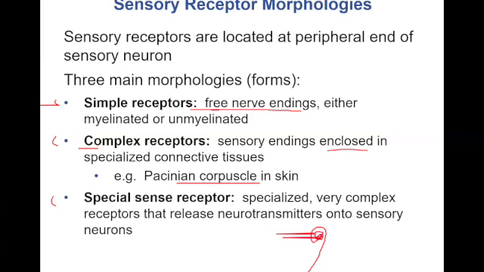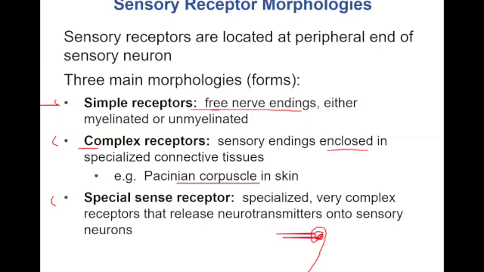And we said that these specialized nerve cells or receptor cells are going to release neurotransmitters to send their messages in order to propagate some type of signal. An example that we can give for a special sense receptor would be the rods and cones of the eye. Those are specialized cells. And then also the hair cells of the ear.